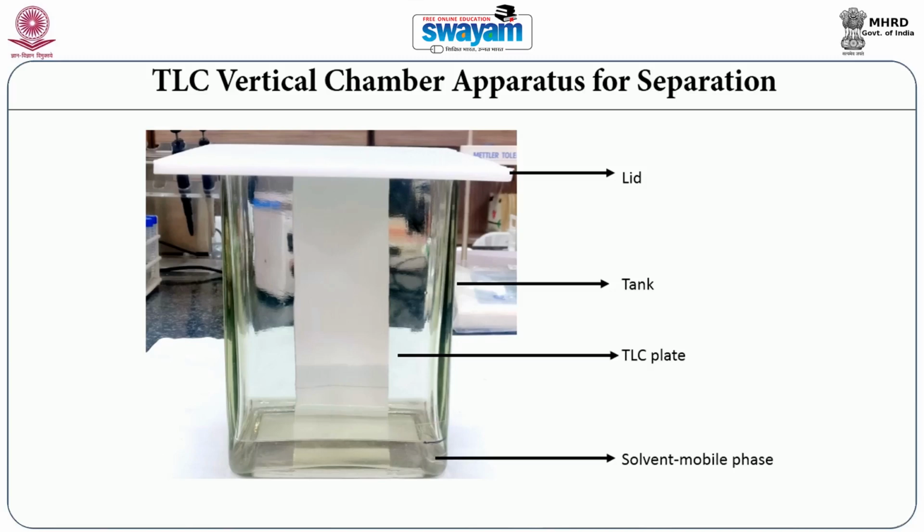The chamber has been sealed by a lid, and it's a typical glass tank in which the atmosphere is being saturated. Now again, what is important is also the humidity around in the room. So in more humid conditions, the saturation typically occurs faster.